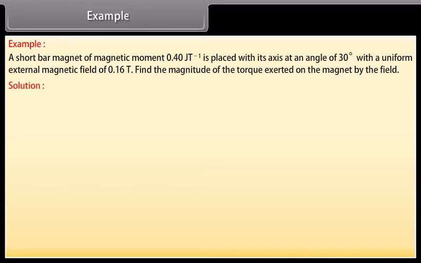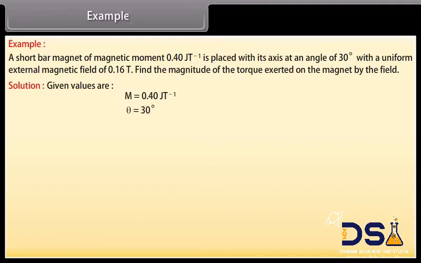Let's see the solution. Here given values are: m equals 0.40 joule per tesla, theta equals 30 degrees, B equals 0.16 tesla. We know that τ is equal to the cross product of m and B, or in terms of magnitude, τ equals mB sin θ.